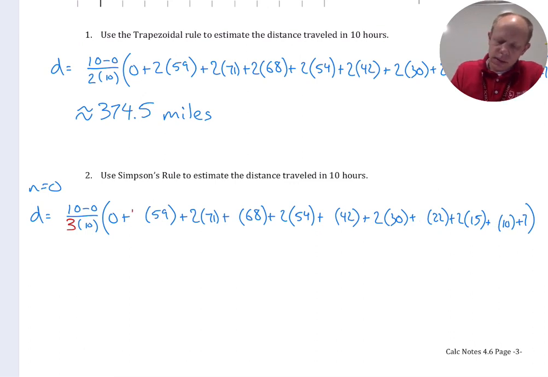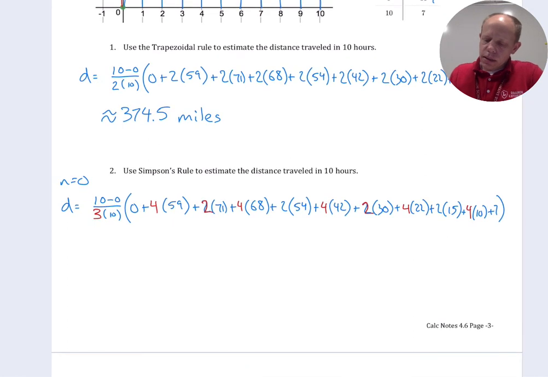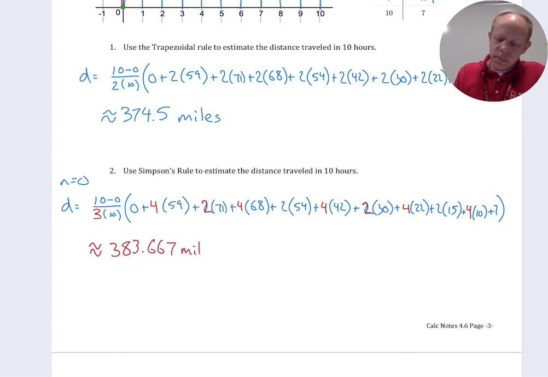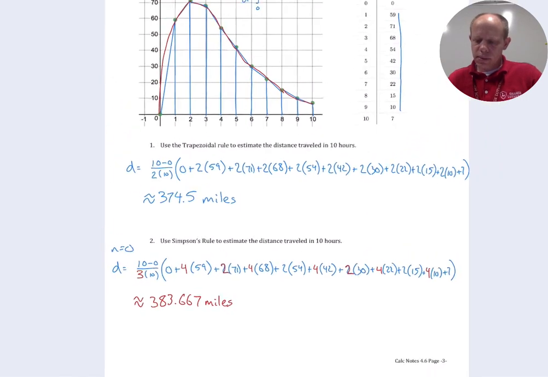So this is a 4, and then the 2, and then 4, 2, 4, 2, 4, 2, 4, and 1. That's how we alter it so that it looks like Simpson's rule. And now when you calculate this, just typing it all in, you get about 383.667 miles. So a much better approximation.